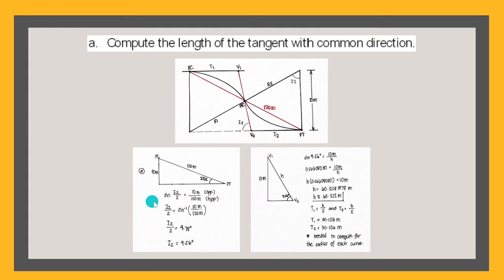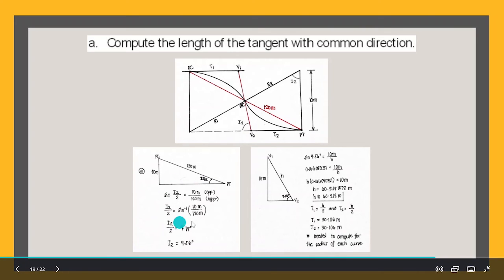So to transfer sine to the other side, this will become arc sine of 10 meters over 120 meters. Calculating that, we get 4.78 degrees. And to remove this denominator of 2, we need to multiply both sides by 2. So the answer will be 9.56 degrees.